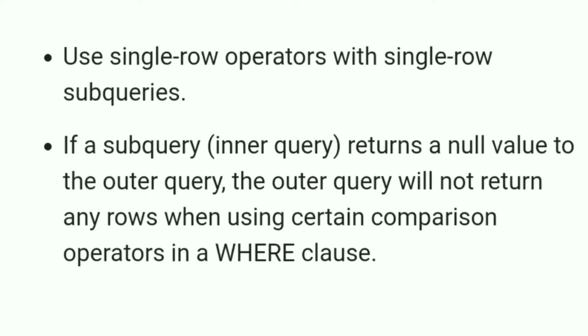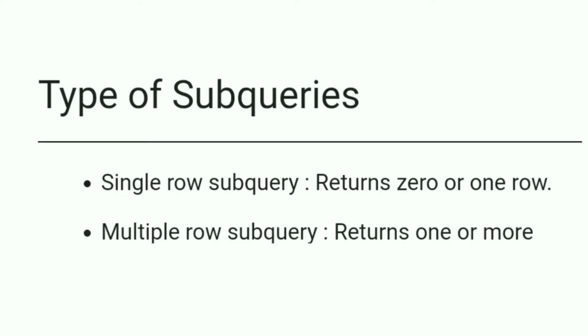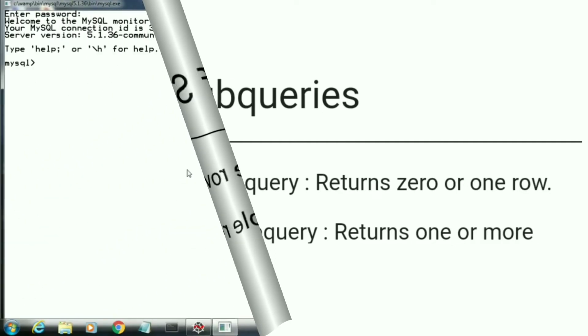When a subquery is returning a single row, then we will have to use single row operators, and if a subquery is returning a null value, then the outer query will not return any row. There are two types of subqueries. First, those that return a single row, and second, subqueries that return more than one row.